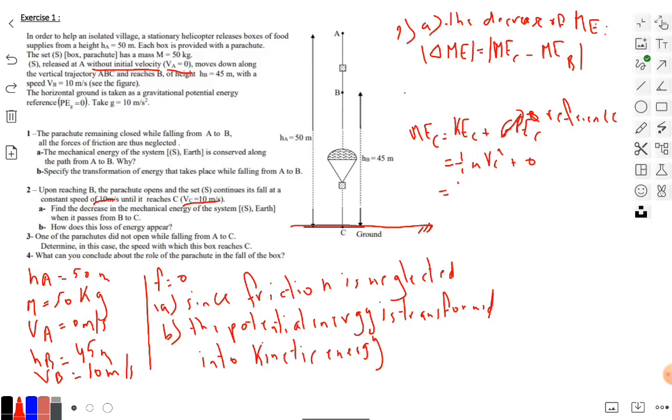So it's equal to half times 50 times VC, equal 10, squared. We obtain 2500 joules.